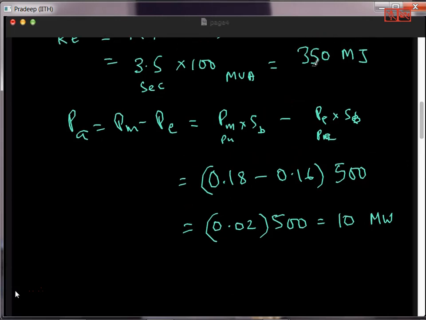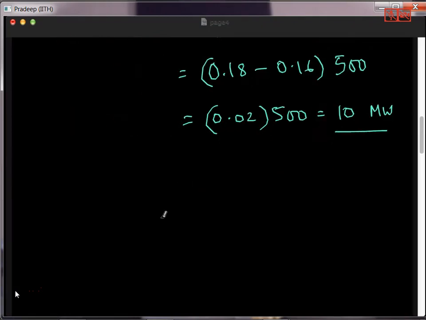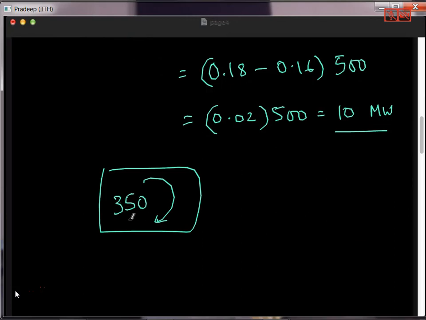Now you just look at these two numbers. There is a rotating mass. That rotating mass has 350 megajoules of energy. To that rotating mass I am giving extra 10 megawatts of power. So as a result, it will increase its rotation.